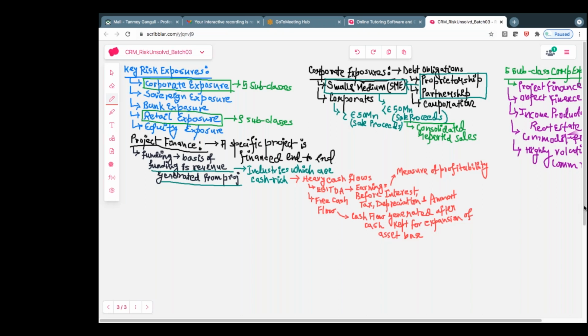Vishwarup, are you saying something? No, okay. I believe we will cover that. I was about to ask what would be the difference between project finance and income producing. Yeah, I'll come to that as I move on to the asset classes.